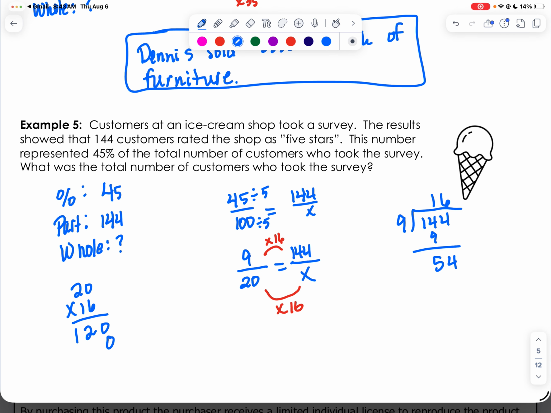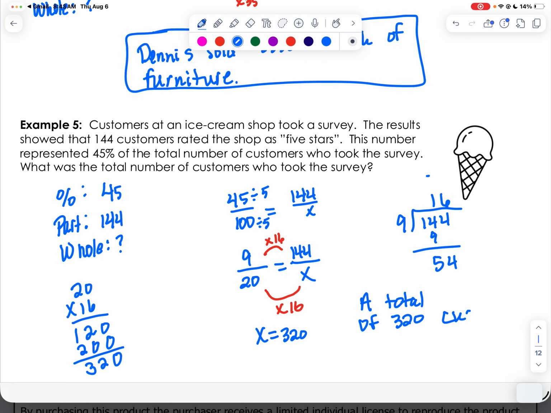Bring down the 0, 0, 2. So x is equal to 320. Okay, so a total of 320 customers took the survey.